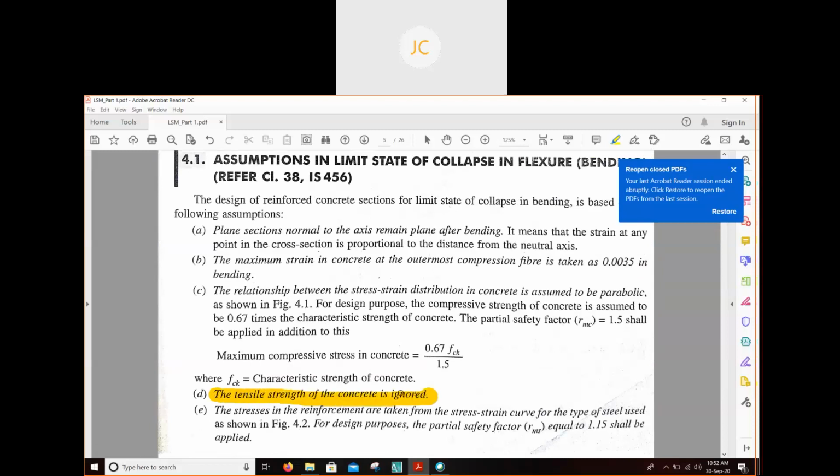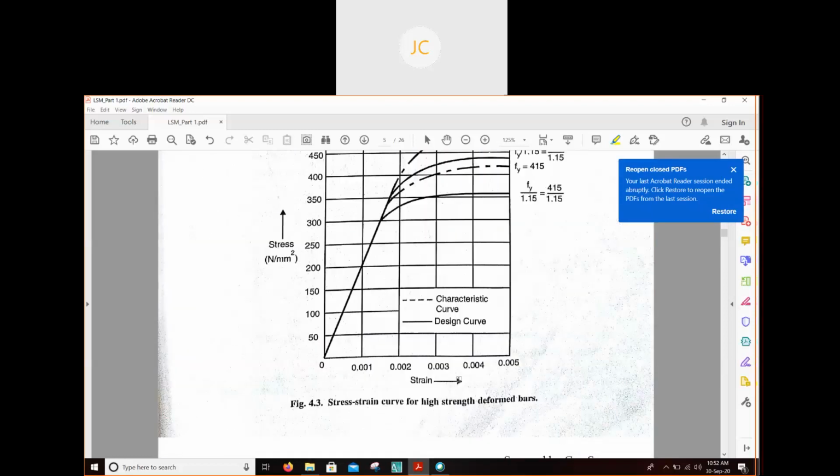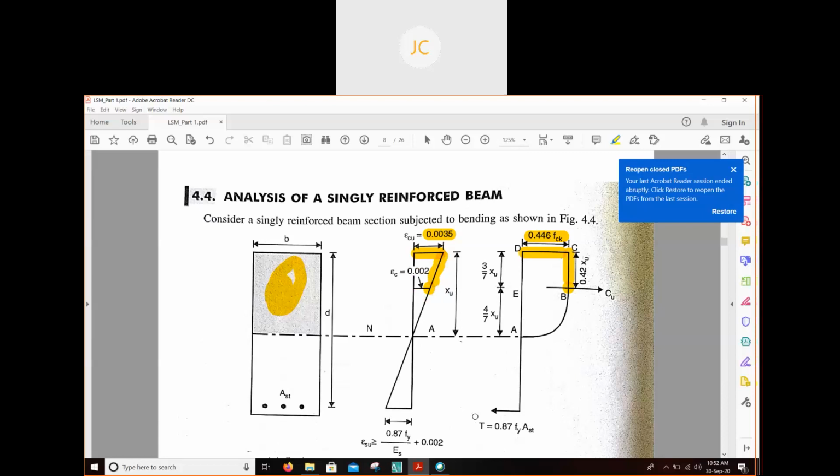That means the whole tensile stress will be taken up by steel. That's why in this diagram there is nothing in this portion, because concrete is not taking any tensile stresses, and the entire tensile stress will be taken up by this steel.